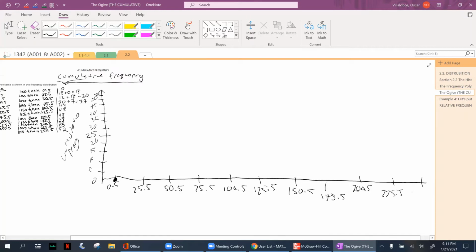Aha, finally, 250.5. And you'll see the trend this graph ends up doing.